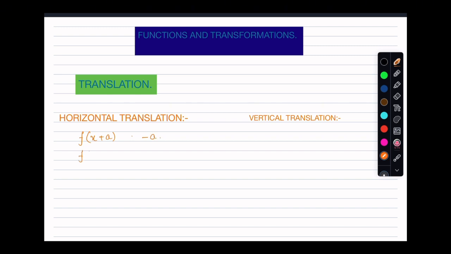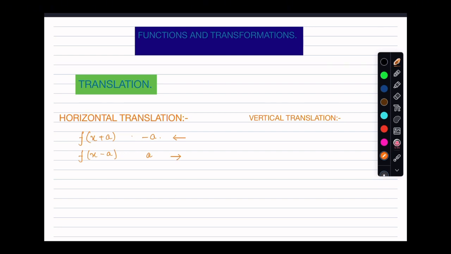If it were x minus a, then just by changing the sign, I could say that this is the translation by positive a. So for negative a, the function graph would move towards the left, the negative x-axis, and where it says f of x minus a, my graph would move towards the positive x-axis, meaning in the right direction.